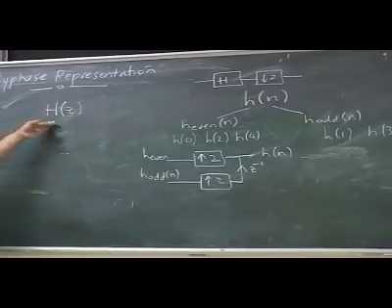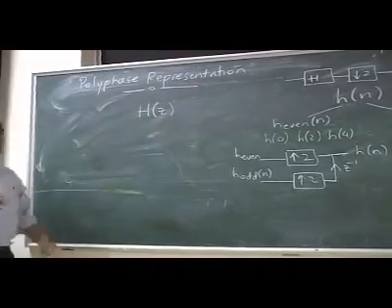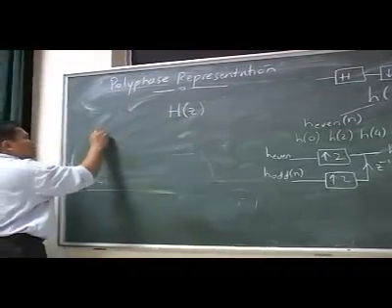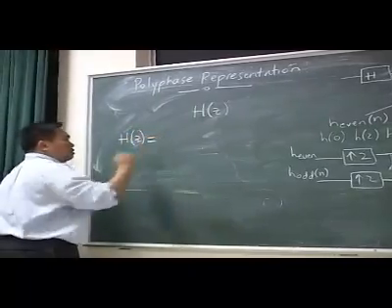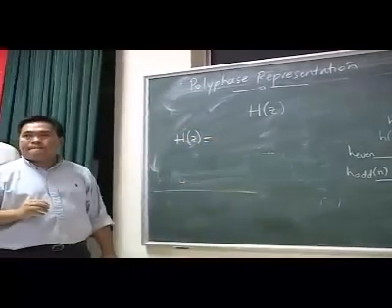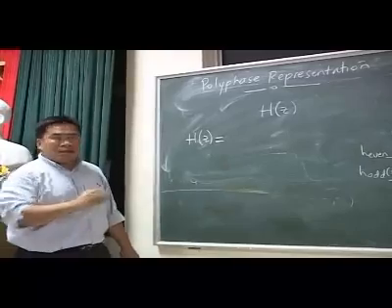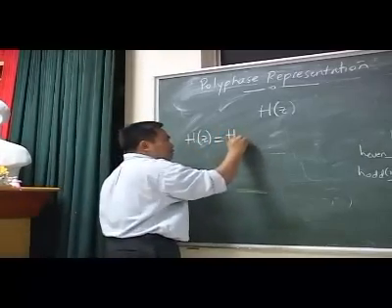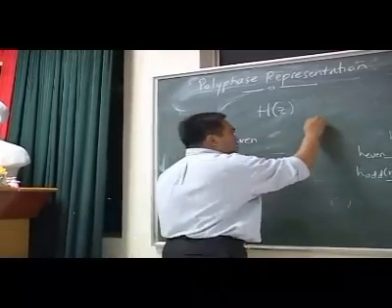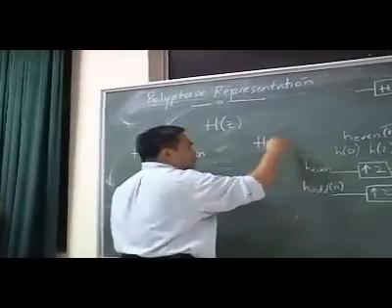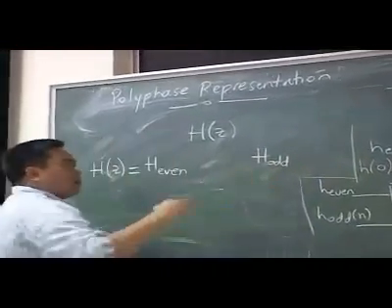How about in Z domain? What is the equivalent in Z domain? What is x of z equal to? It has to depend on H even and H odd, right? What goes in here?